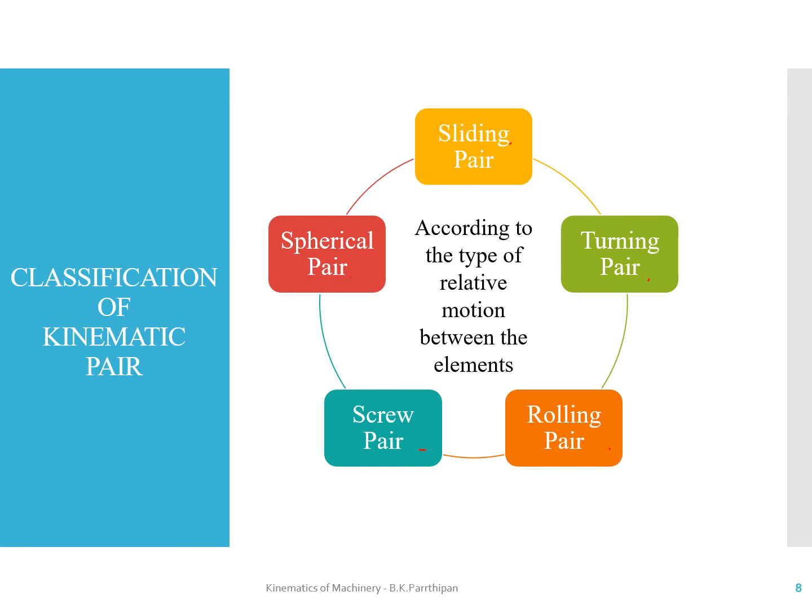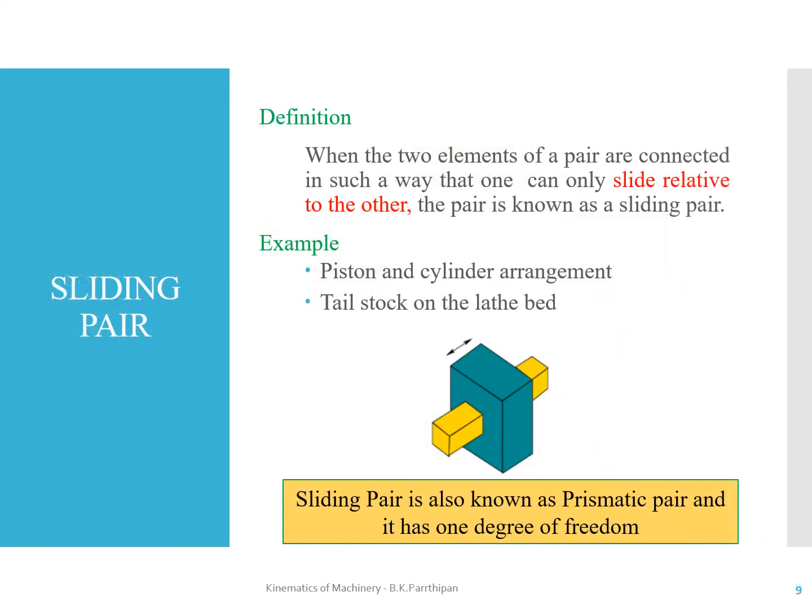Now let us define one by one with a practical example. So first one, sliding pair. Here the two elements are connected to form a kinematic pair and it produces sliding motion. Such pairs are known as sliding pair.